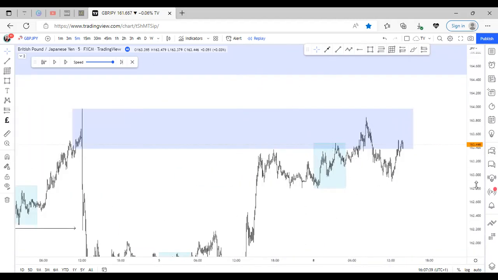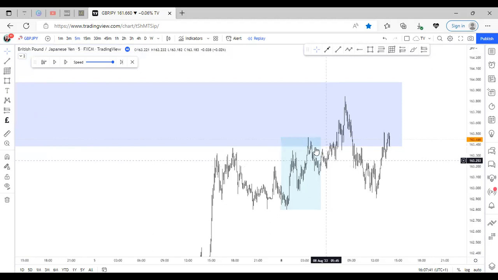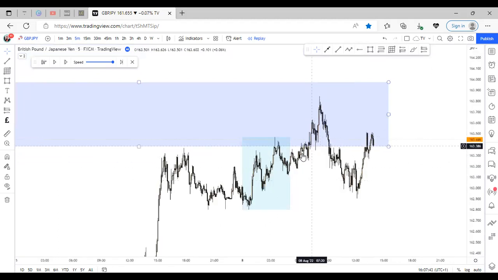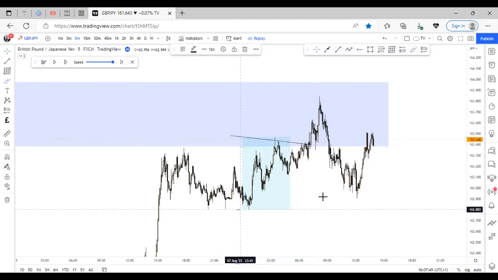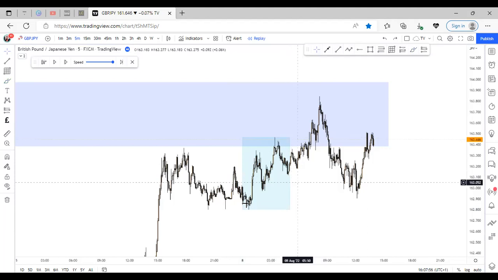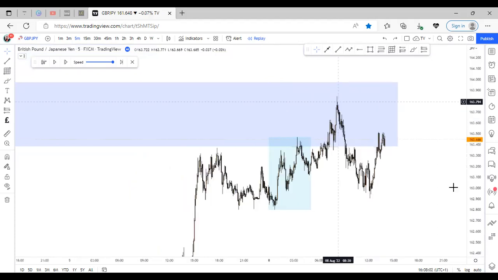So also, as you can see, on this particular day, this is the Asian range that we have. This is the high and this is the low. On this particular day, if I was on the chart, I'd be waiting for one of these range highs or lows to be taken out before I start to look for possible entries.